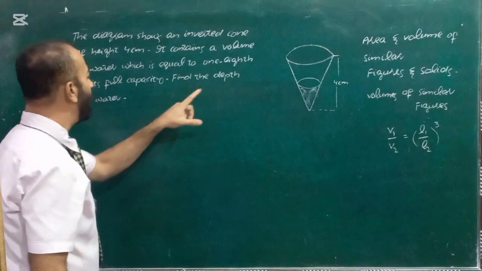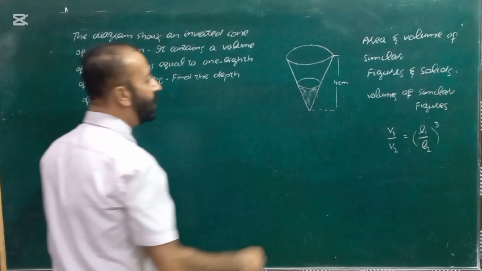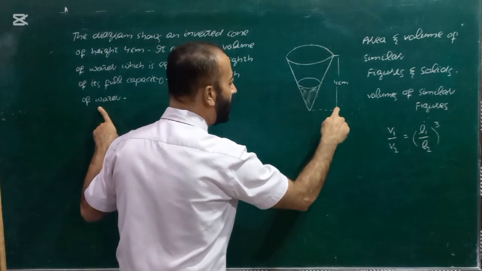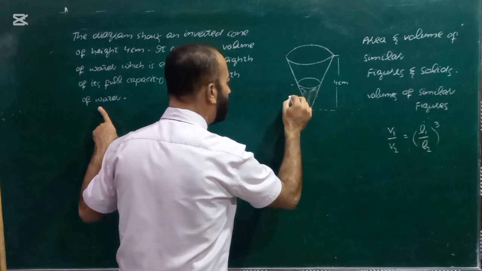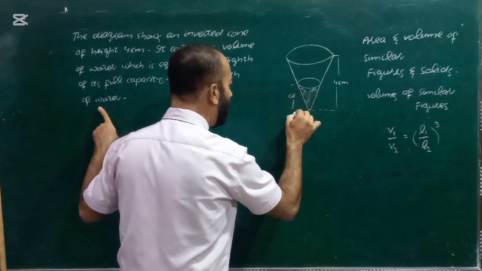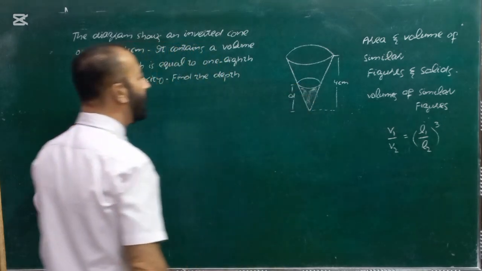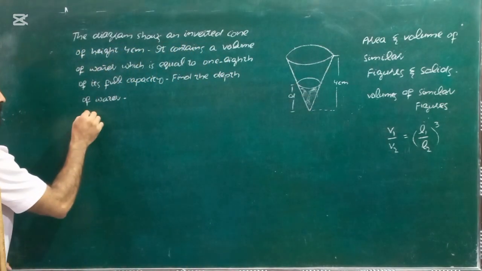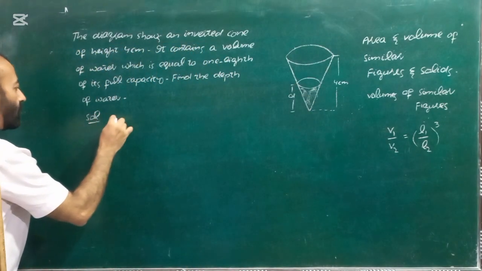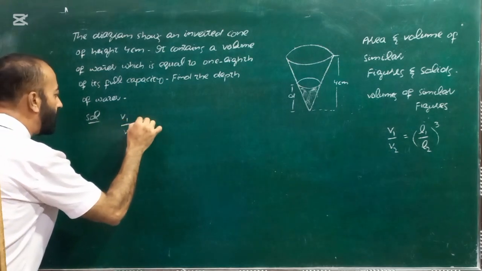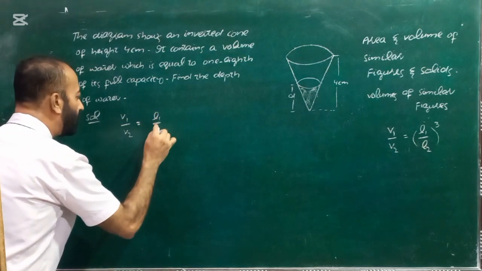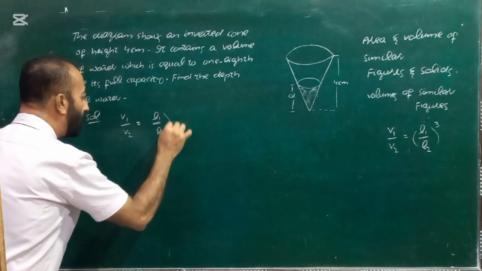The requirement is find the depth of the water. So the depth of the total cone is 4 centimeter. So let the depth of the water be D. So look now, the concepts are going to be applied. So V1 over V2 is equal to L1 over L2 whole cube.